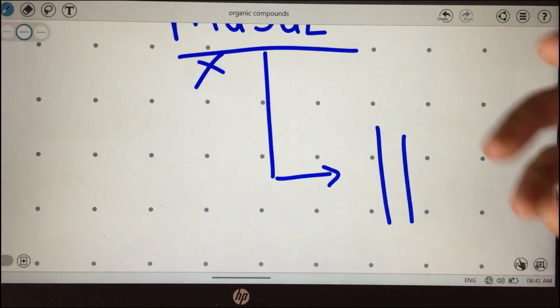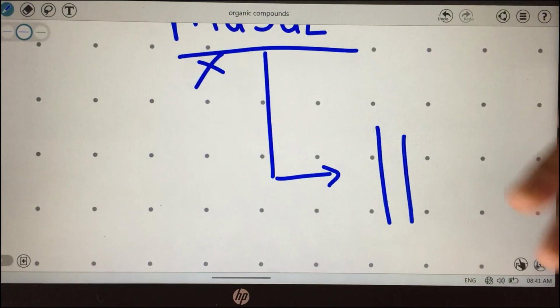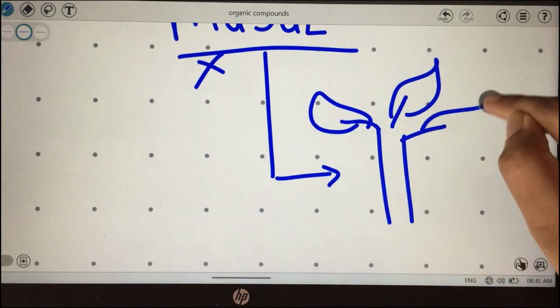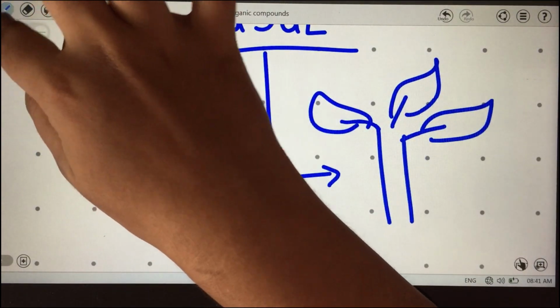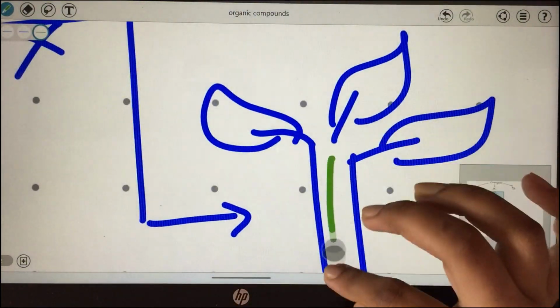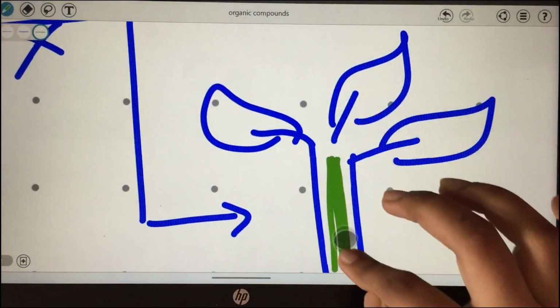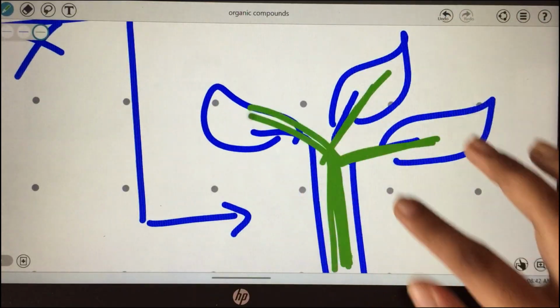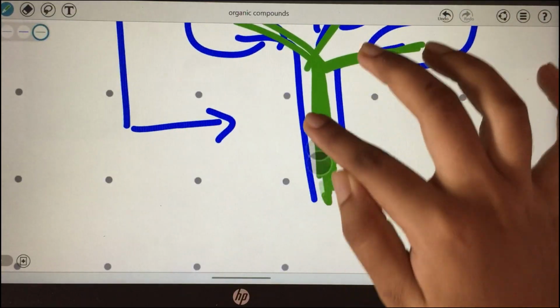Now you're going to transport that sucrose throughout the plant. Then only the plant will get energy to do the function that it does. So in a plant, if you're going to transfer that sucrose, that has to take place through a special type of tube that is going to extend throughout the plant to the leaves and everything. So this tube is called phloem.